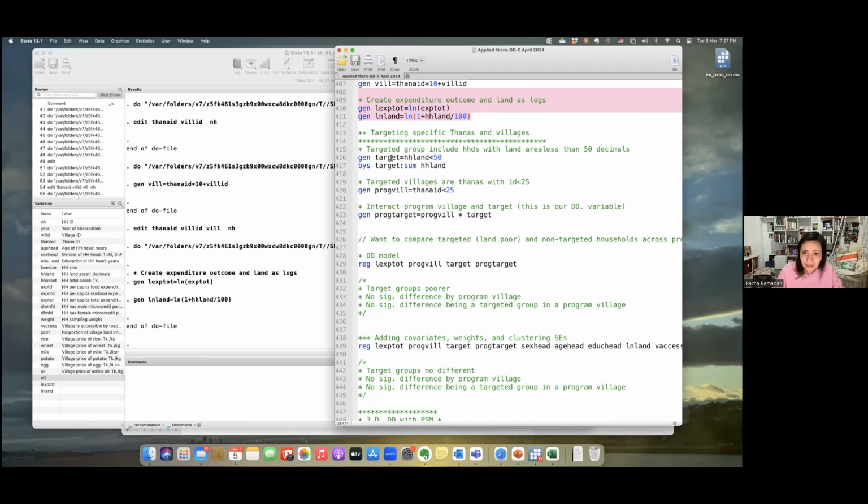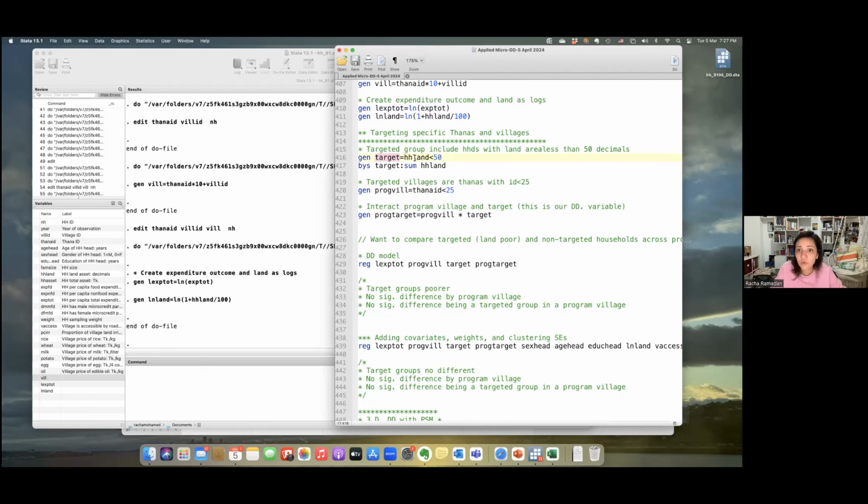What is the threshold? If you remember, the cutoff was based on the land area. So I will create a new variable. I will call it target. This target equals 1 if the household owns land less than 50 acres.